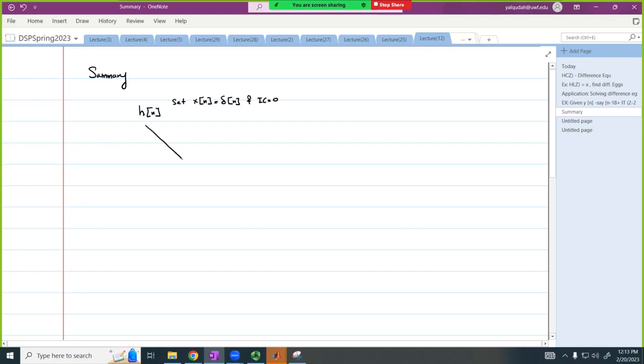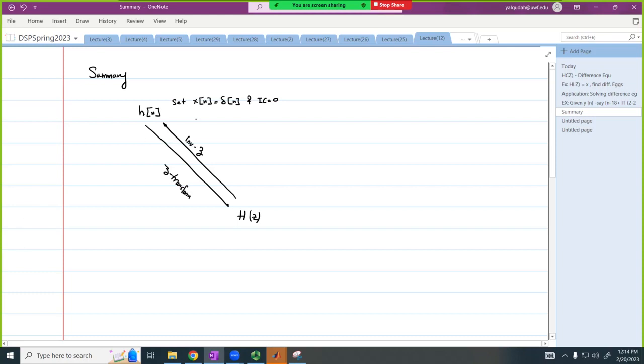If I take the z transform, this is going to give me h of z. If I take the inverse z transform, it's going to give me back h of n.